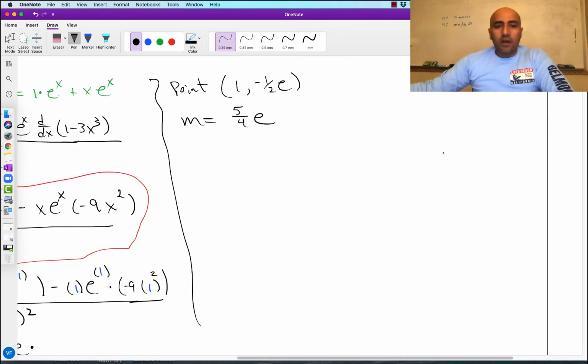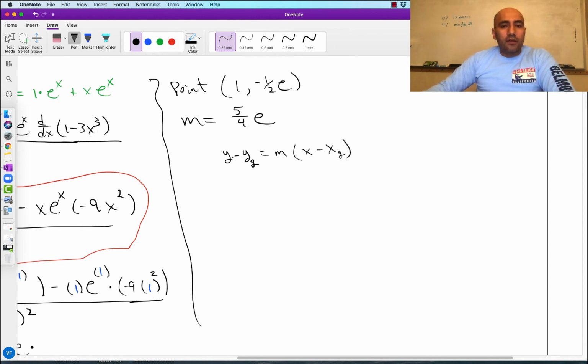Okay, so now we use our equation for a line. So it's y minus y given equals m, that's going to be given, x minus some other given point. Right, so by that little notation, I mean that we have to have a point.